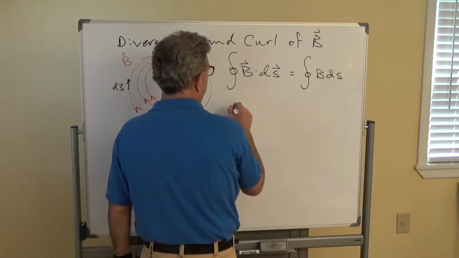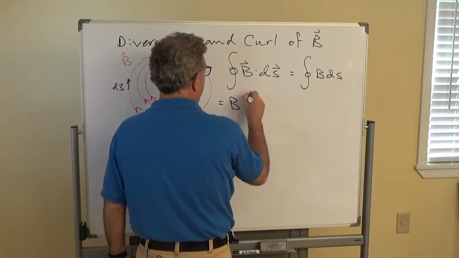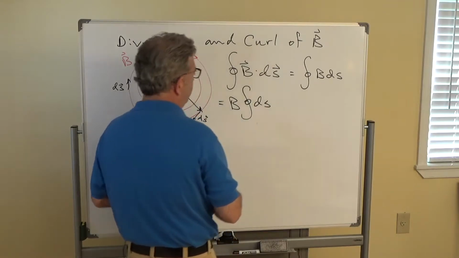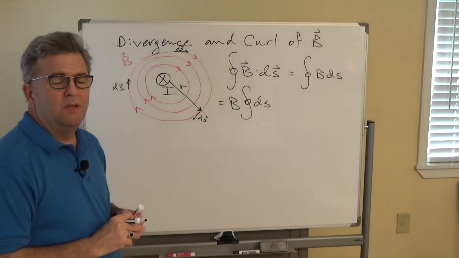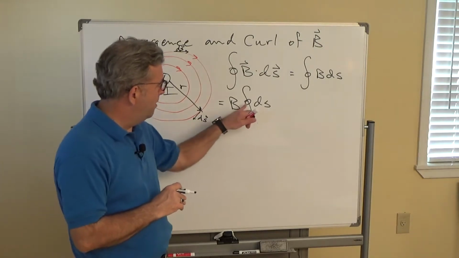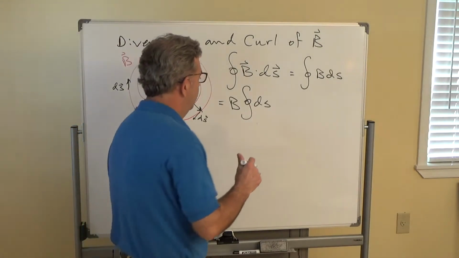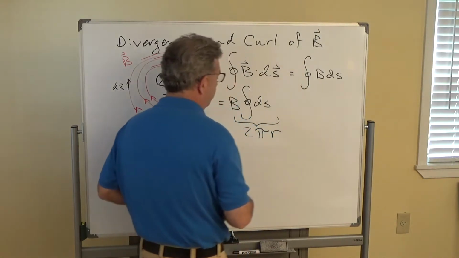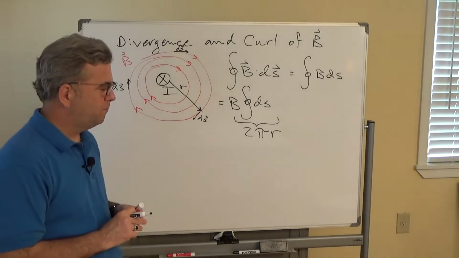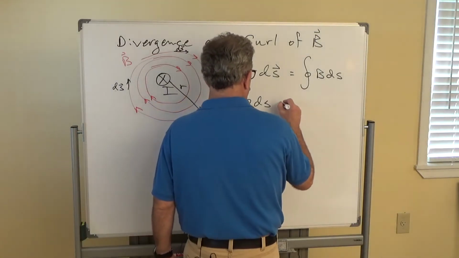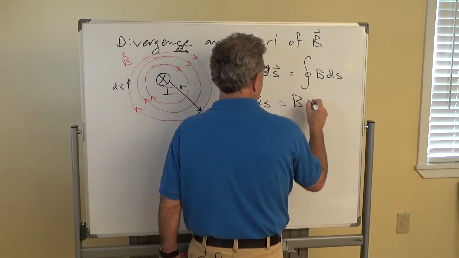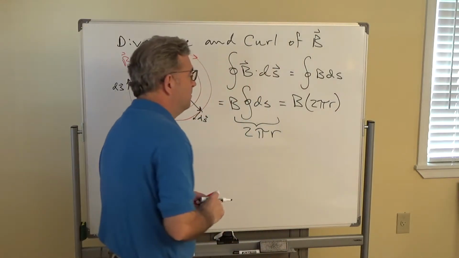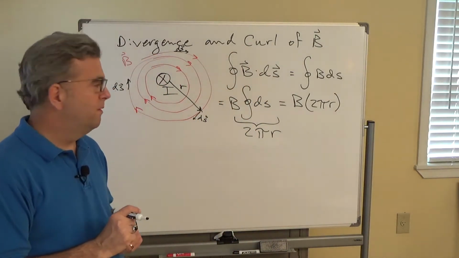So the magnitude of the field is constant, and you get B times the integral around the loop of ds. What's the integral around the loop of ds? Well, that's just equal to 2 pi r. So this is equal to B times 2 pi r.